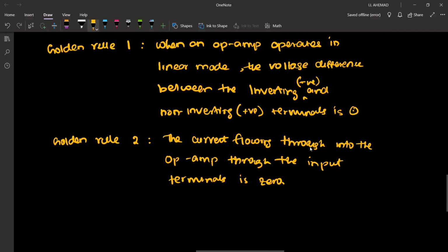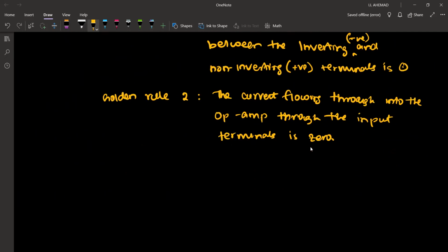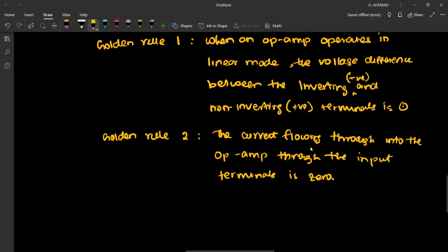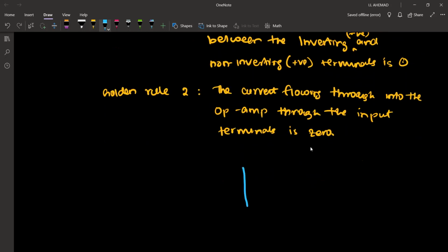So if I show these two rules in a diagram, this is my block diagram. Non-inverting terminal, inverting terminal. The potential difference between these two, delta V, is equal to 0.